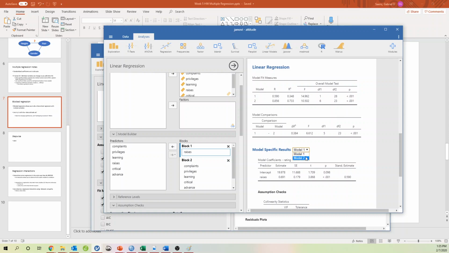Model 2 includes, watch this bit here, all of the regression variables. And so this looks like a forced entry, because now raises is less significant, and we know that must have happened because there's a lot of overlap between raises and the other variables, which means it's lost a lot of its unique covariance.